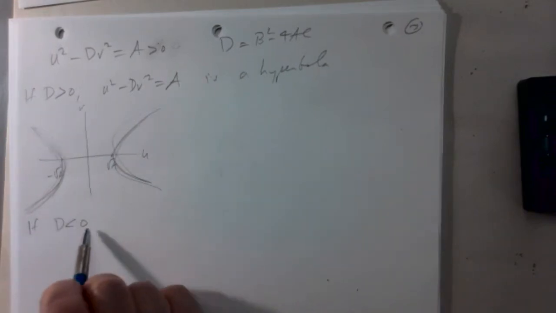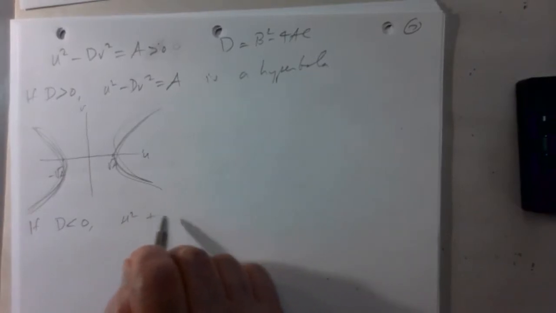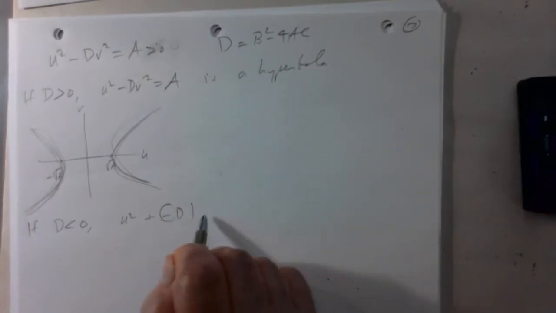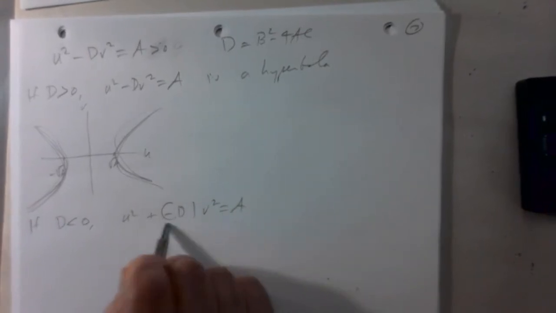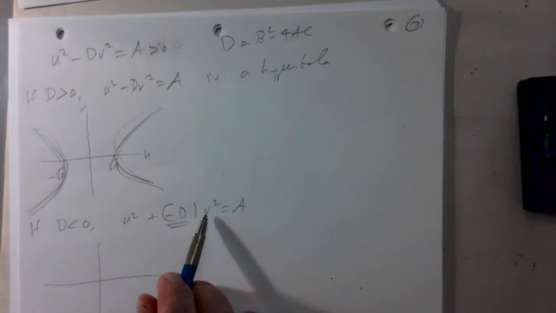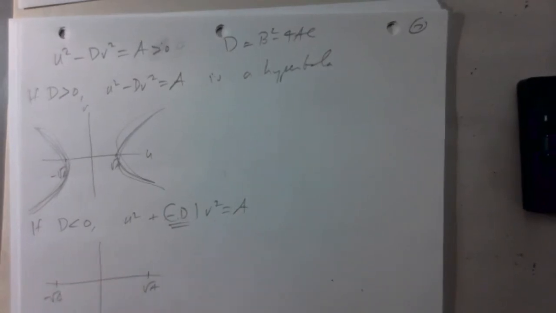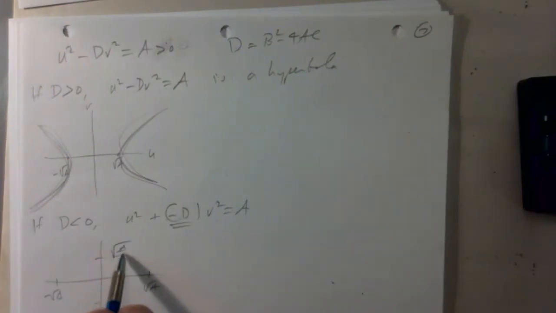What about if d is negative? Then you have u squared minus d, that's plus, since minus d is positive, v squared equals a. This is a positive number. So, for example, when v is 0, u is plus or minus the square root of a. When u is 0, v is plus or minus the square root of a over minus d.